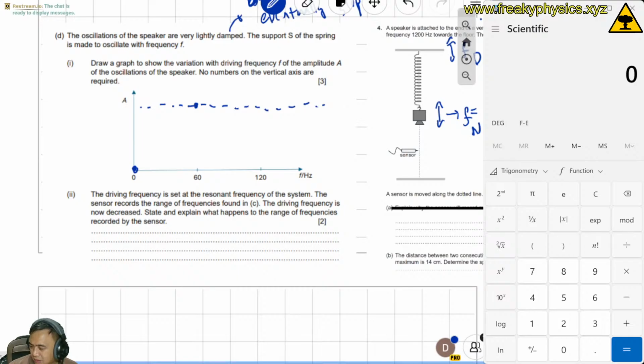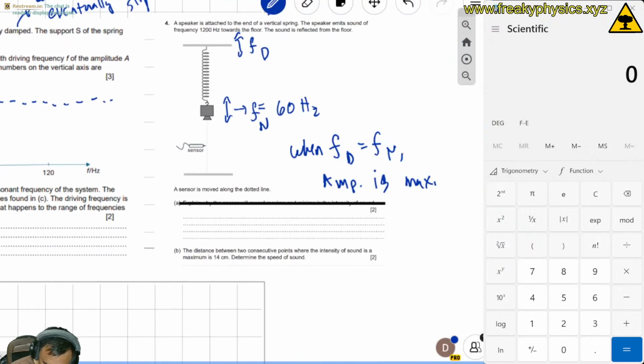What also happens if there is another thing here? When the natural frequency and the driving frequency are multiples of each other. What was the term here? Resonance.